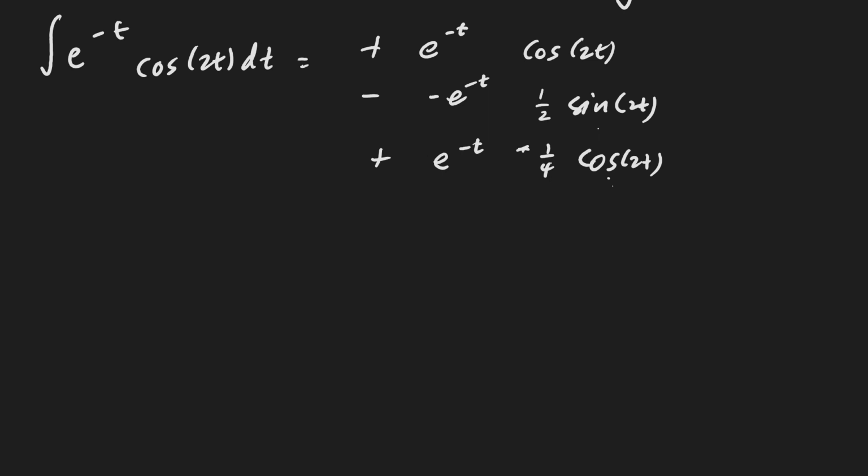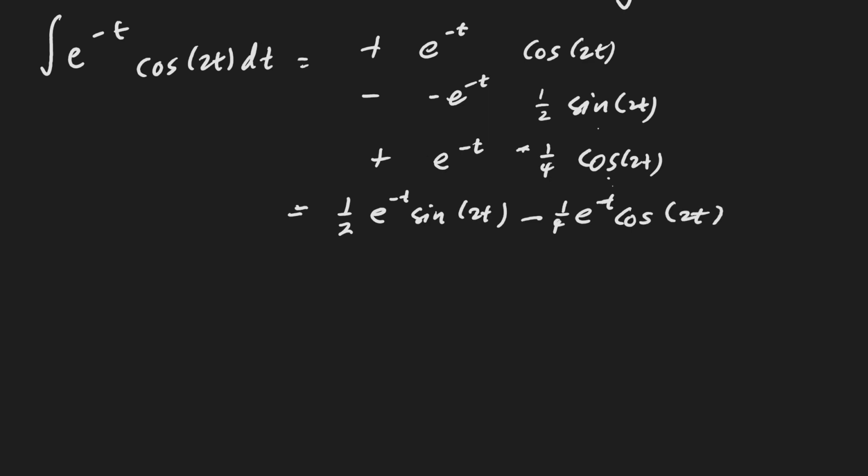So what are we going to get now? We're going to have 1/2 e to the minus t sine of 2t, and then minus minus plus, minus minus minus will give us a plus minus 1/4 e to the minus t cosine of 2t.